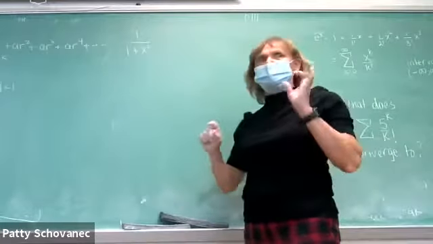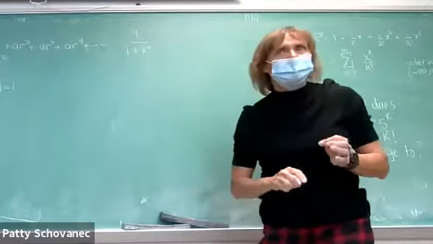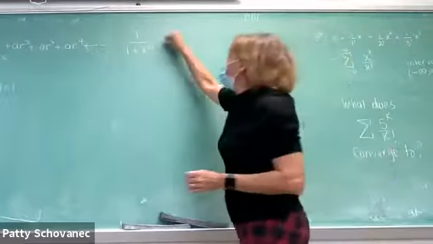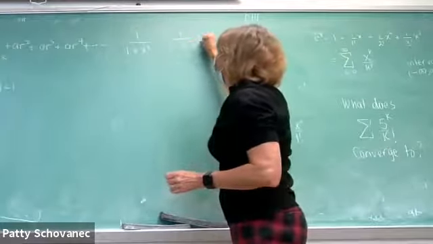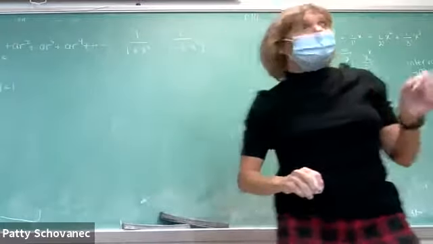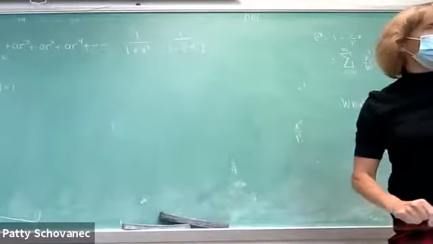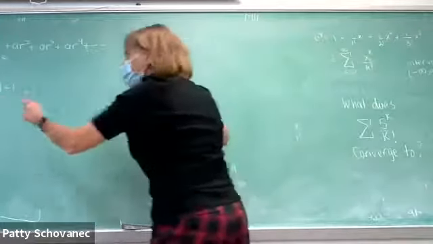Think of it as a over 1 minus r. a is 1. What is r? Negative x squared. If I take that line and replace each x by negative x squared, boom, I got the power series for that. So each x is negative x squared.